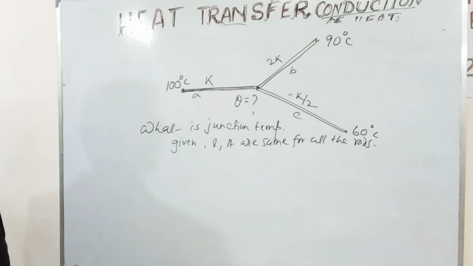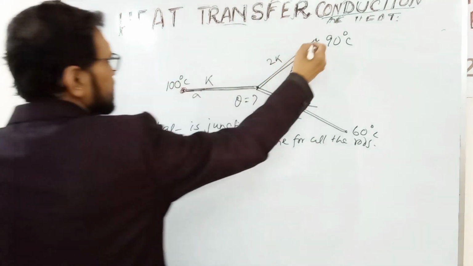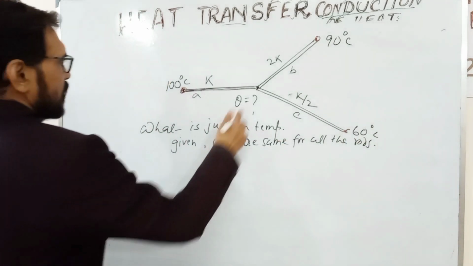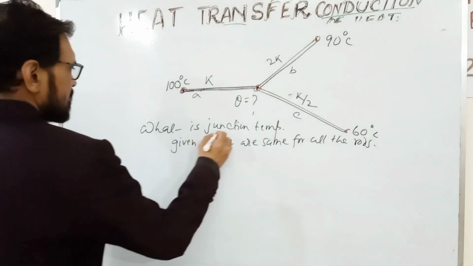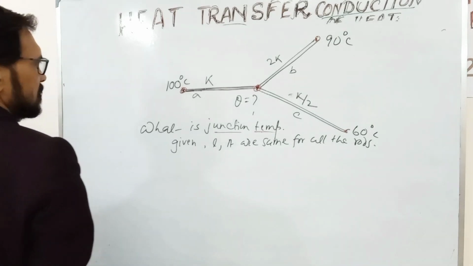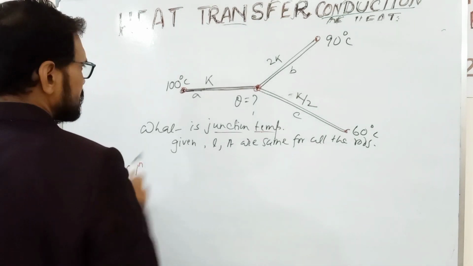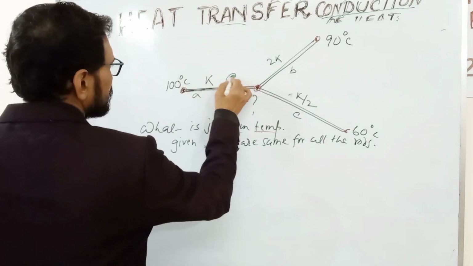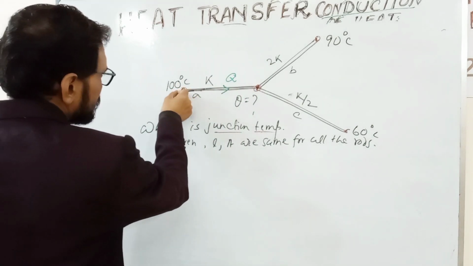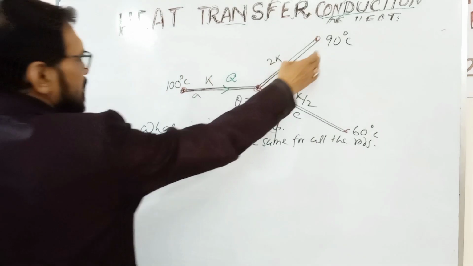So what is the answer of this question? This end has 100 degree centigrade, this end is 90 degree centigrade, this end is 60 degree centigrade. Now what is the temperature of the junction? That is theta here. So to find the answer, suppose Q amount of heat flows through the rod. The heat will be conducted from this end, because this is the higher temperature among the ends.